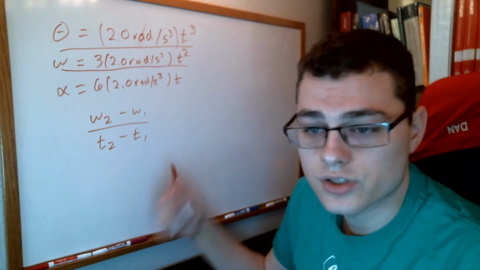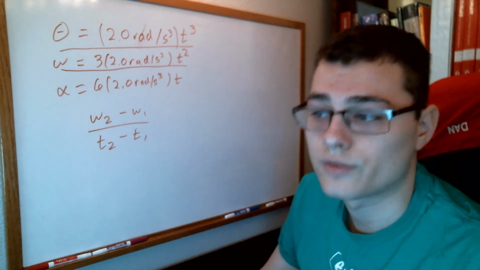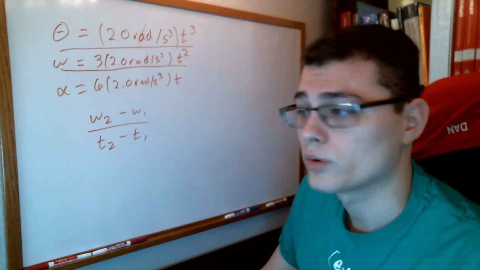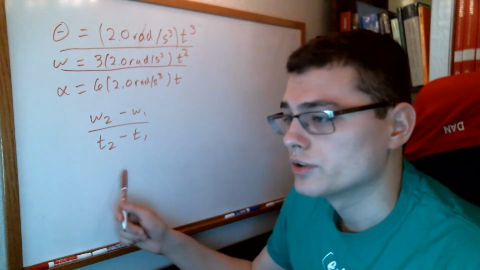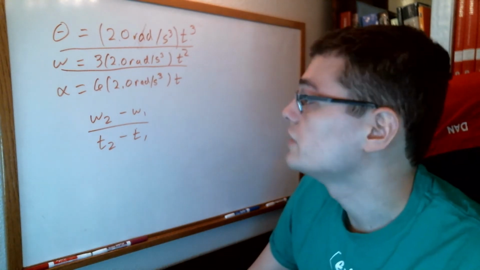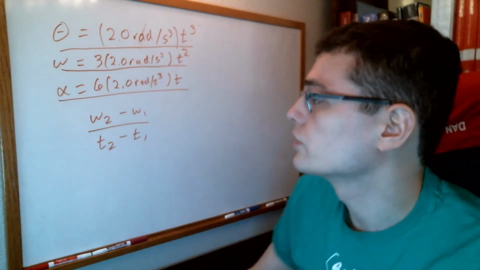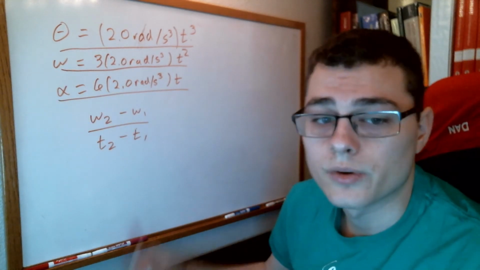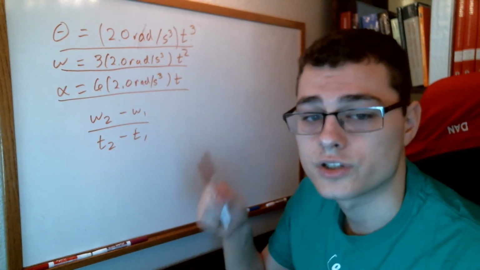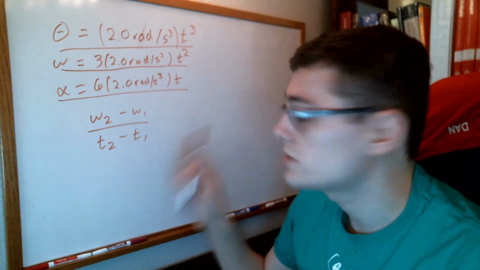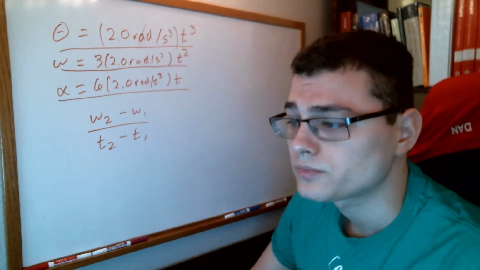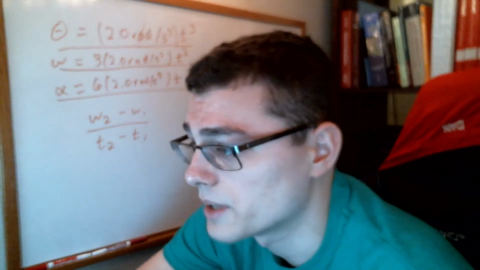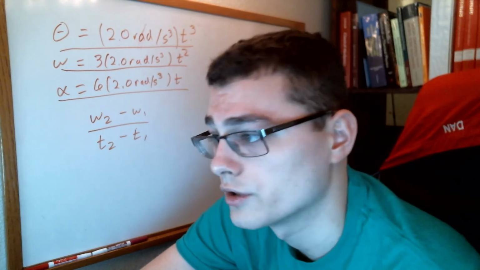This is just the rotational analog of your average acceleration formula that we used in the first 2 chapters, and this will yield your average. Then to find your instantaneous, we use our time derivative that we've already taken, and we plug in 5 and 2 seconds into the t slot, and those will yield our accelerations at those 2 points. This example is easy peasy. You just start plugging in your numbers.